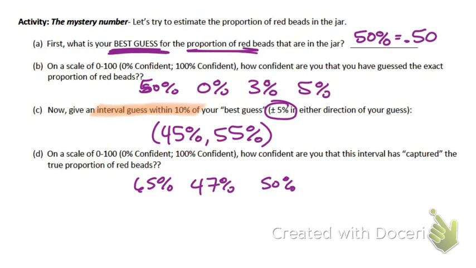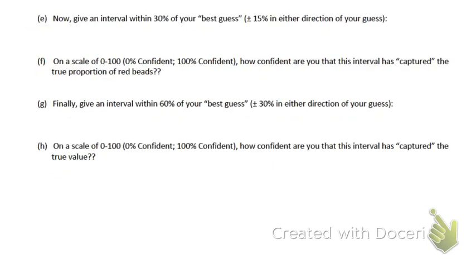All right, here's what I'm going to do. I want you to increase your interval to a 30% interval. That means 15% in either direction of your best guess.